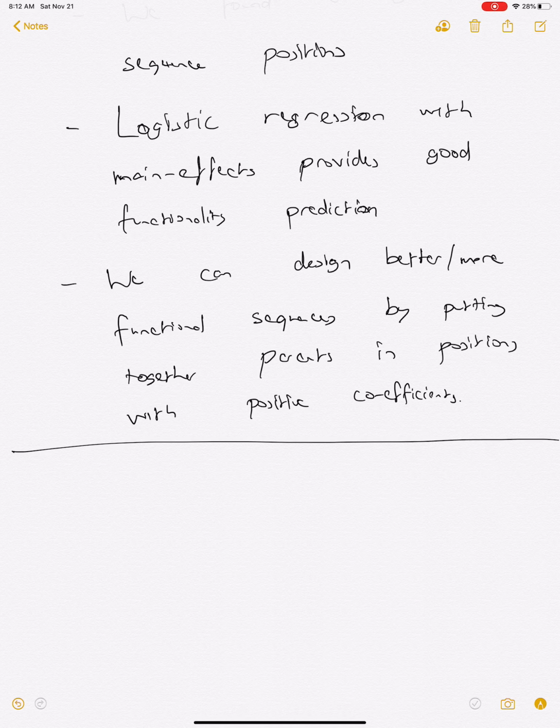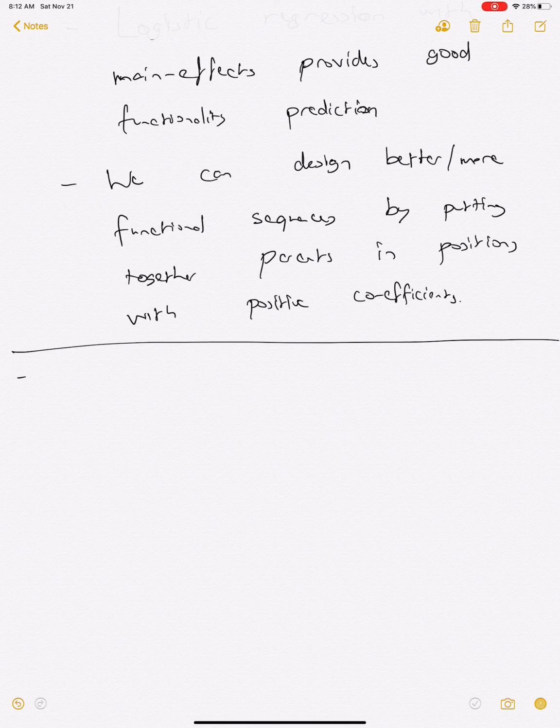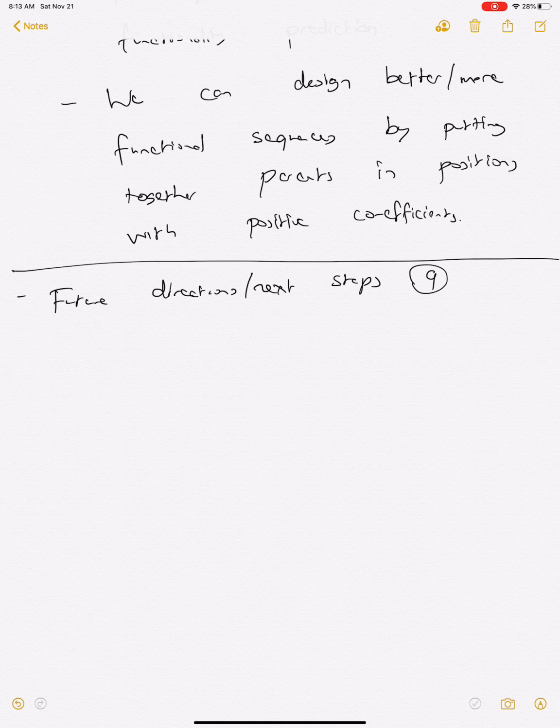And then the final part, which is the future directions or next steps. This is that ninth and final task that's listed. Once again, you can divide these into different things.